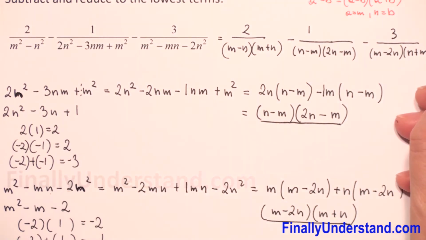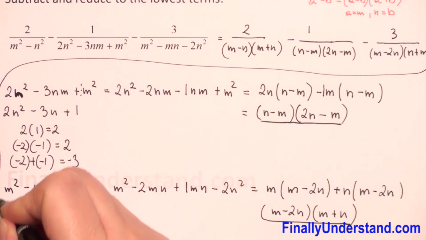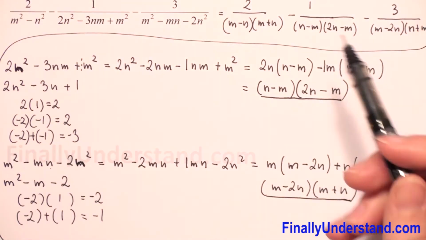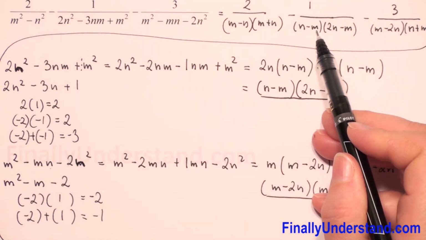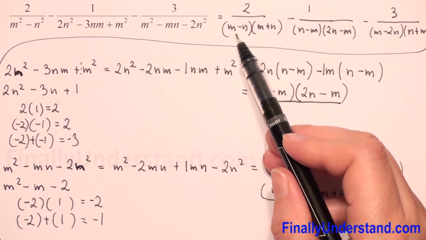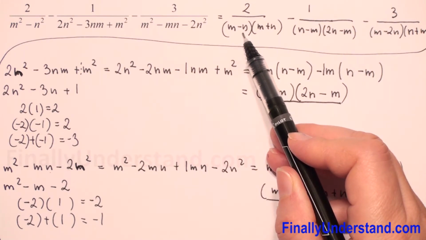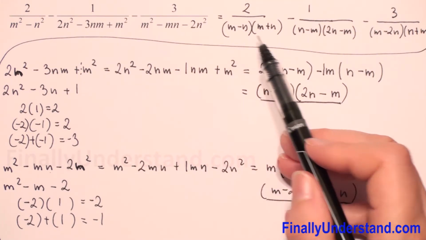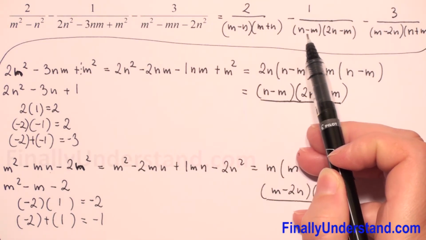So now this is equal to, because we have here n minus m, and in the first denominator we have m minus n. So what I will do, we can factorize the negative sign and we will have exactly the same expression here.